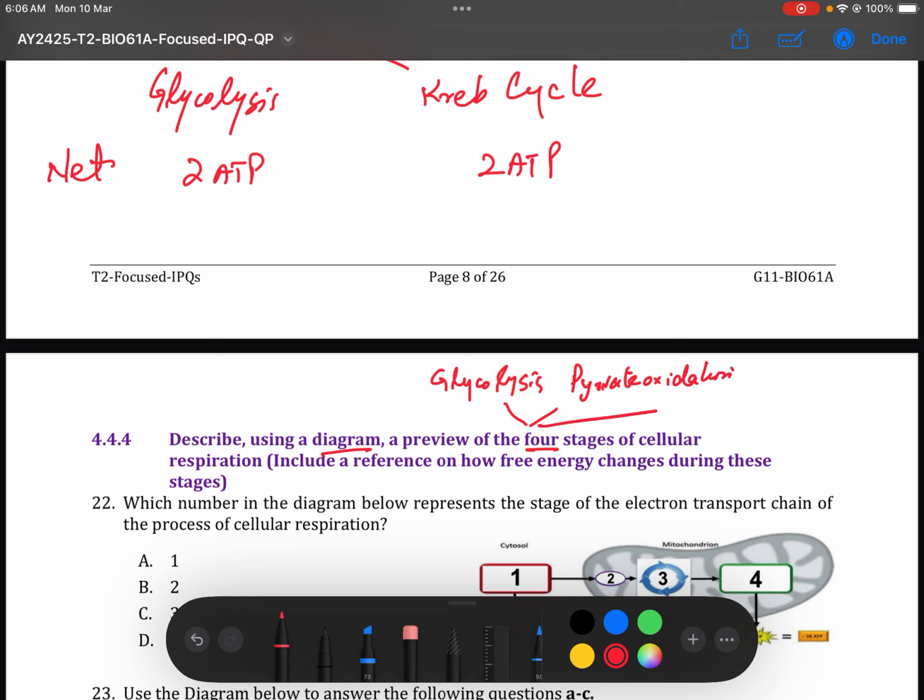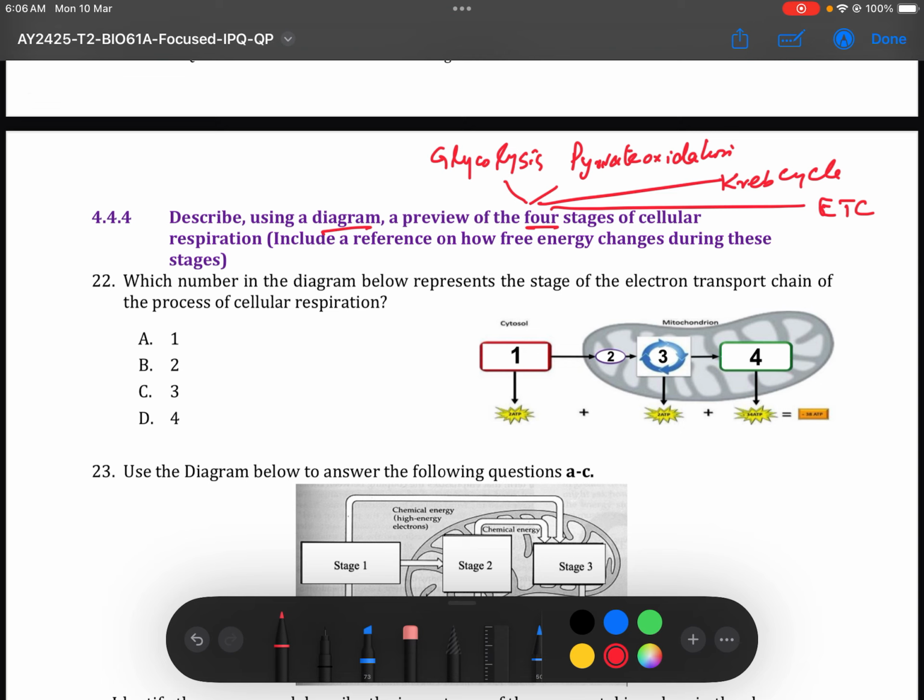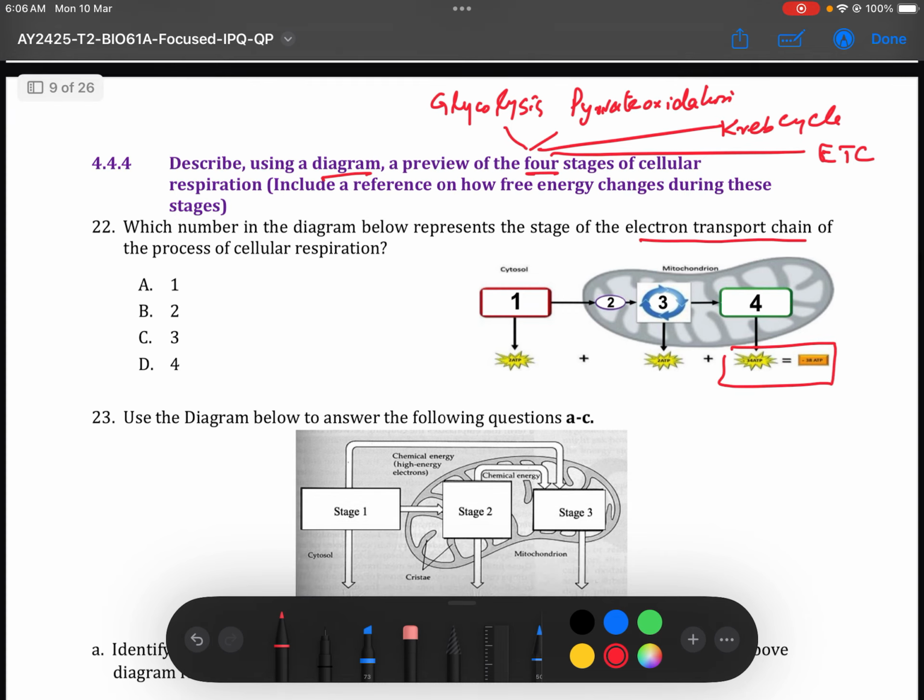The third is Krebs cycle, and the last one is ETC. Which number in the diagram below represents the stage of the electron transport chain? Of course, the electron transport chain is the last stage where ATP is produced in the maximum amount.